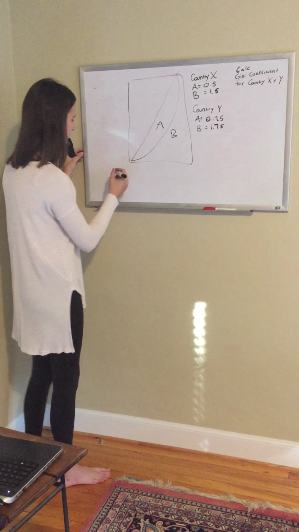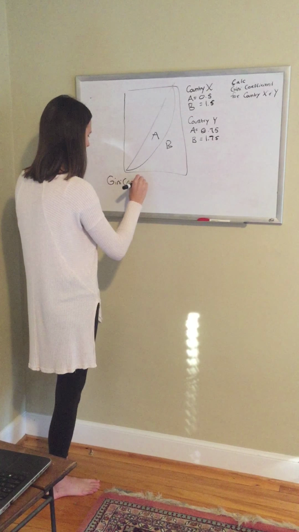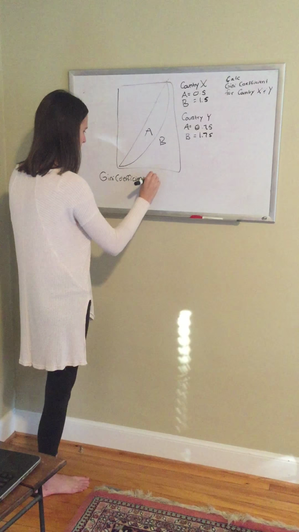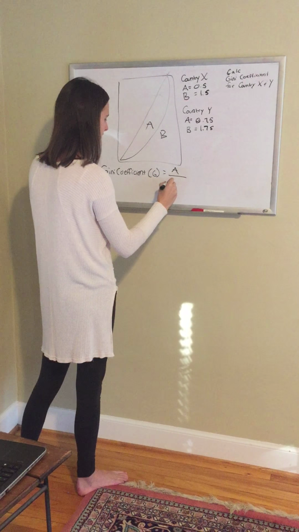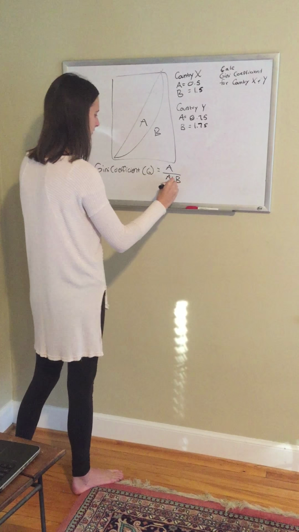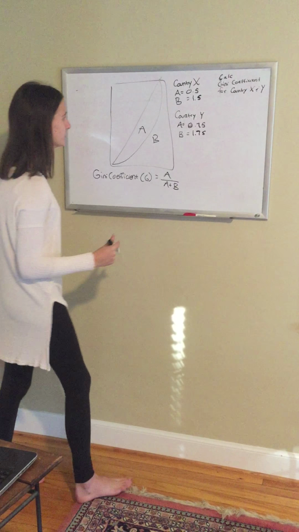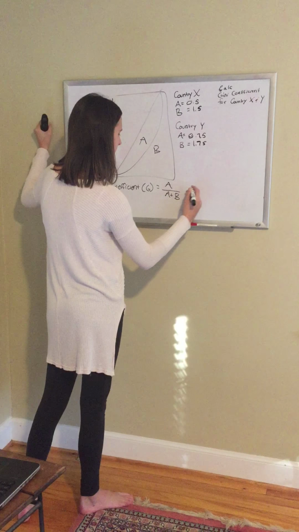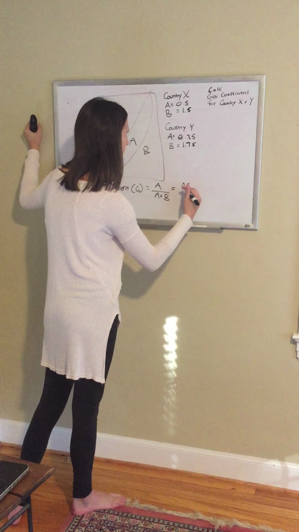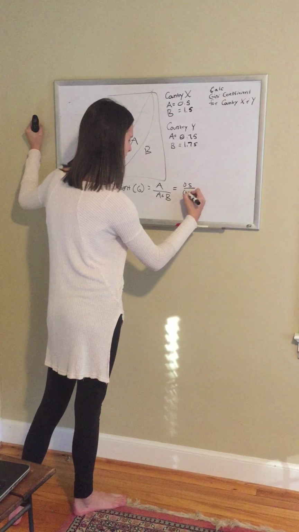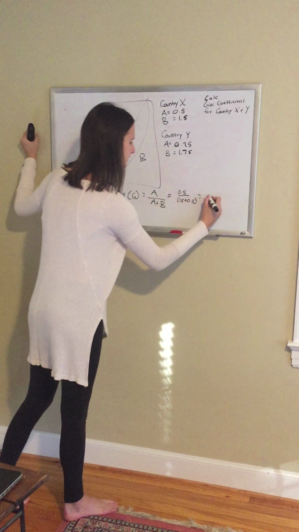So as we know, Gini coefficient, G, equals A over A plus B. So let's see, if country X, A is 0.5 and B is 1.5, that is equal to 0.5 over 1.5 plus 0.5, which is 0.5 over 2, which equals 0.25.